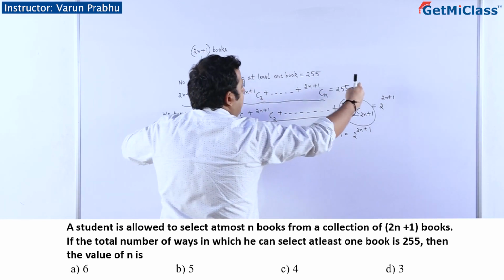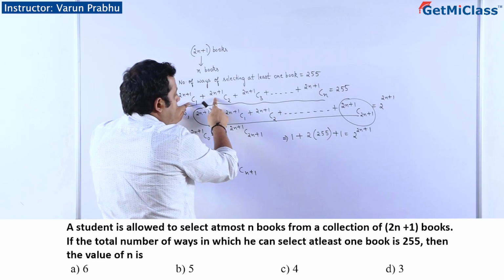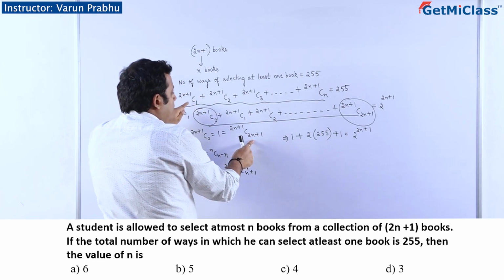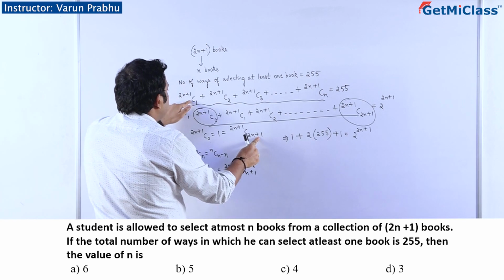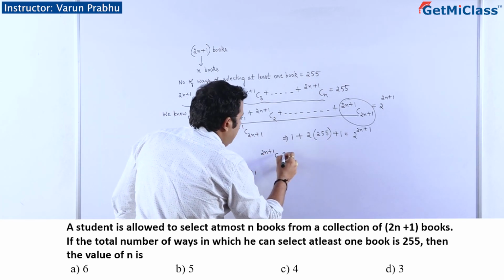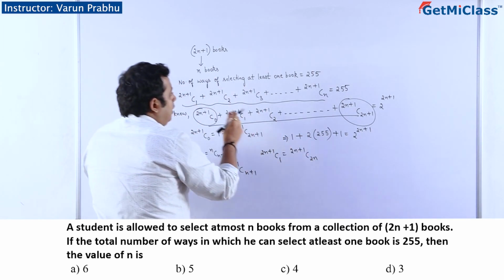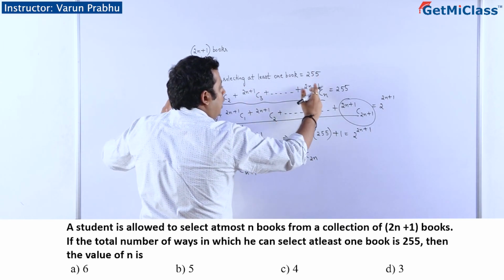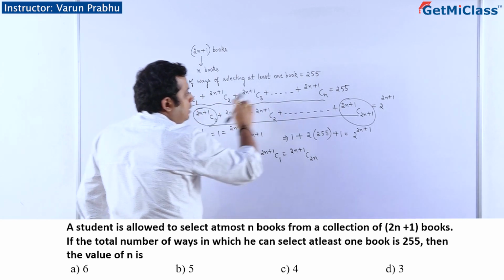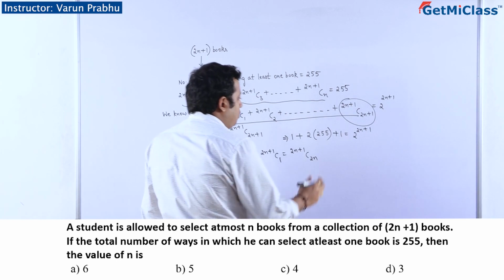This will be n plus 2, n plus 3, n plus 4, and the last part will be 2n plus 1 C1 equal to 2n plus 1 C2n plus 1. Correct or not? See, 2n plus 1 C1 will be equal to 2n plus 1 C2n. Can you see? This part along with the continuation part will contribute to the same answer. Plus these two will contribute 1 plus 1. That should be equal to 2 to the power 2n plus 1.